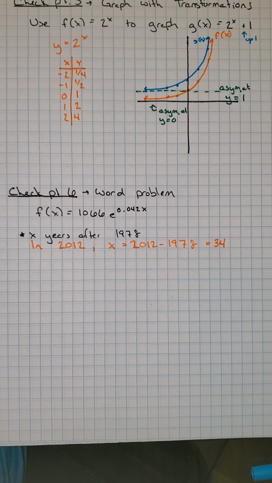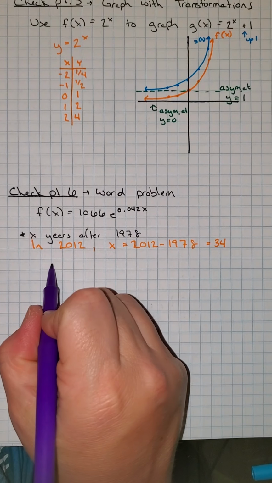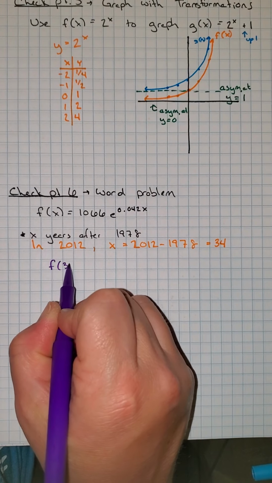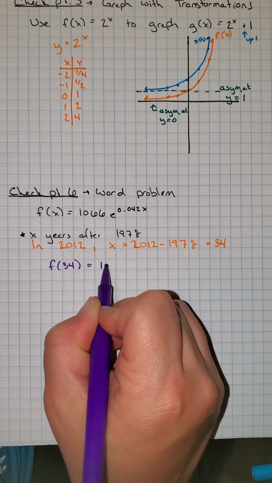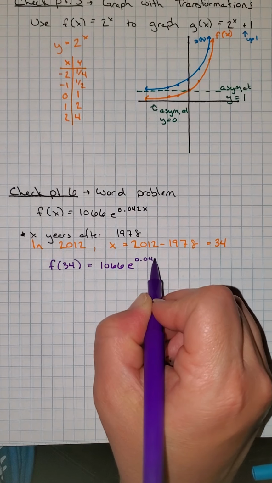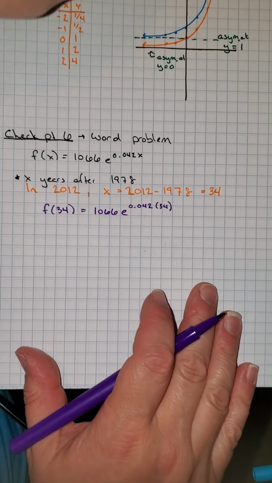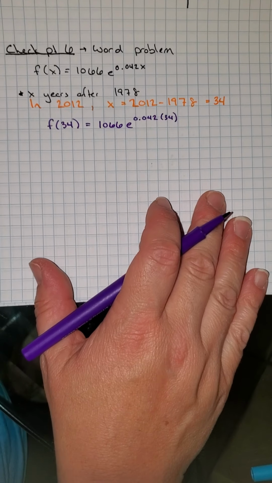All right, so we need to figure out what f of 34 is. And really, this is making sure you can type this stuff in your calculator. So 1066e to the 0.042 times 34. And you can actually put that whole thing just in your calculator.